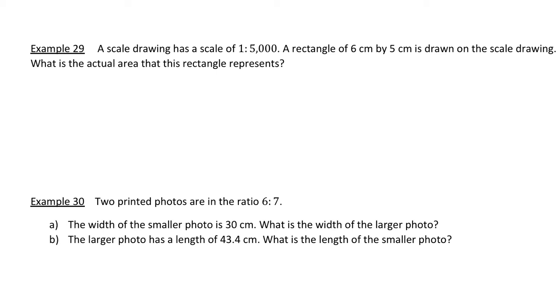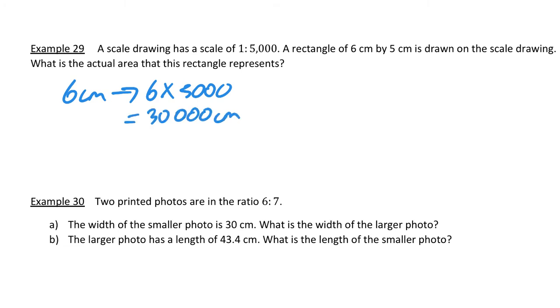This example says a scale drawing has a scale of 1 to 5,000, and a rectangle 6 centimeters by 5 centimeters is drawn on the scale drawing. What is the actual area of the rectangle this rectangle represents? So first of all, 6 centimeters goes to 6 times 5,000, which is going to be 30,000 centimeters.